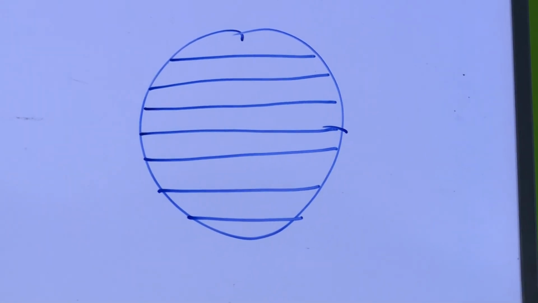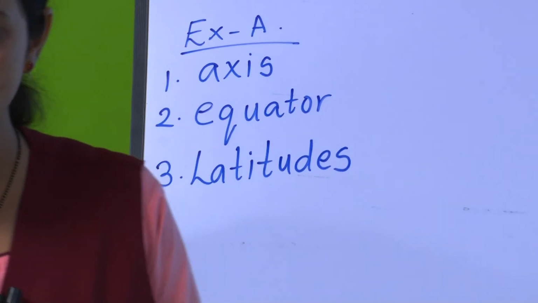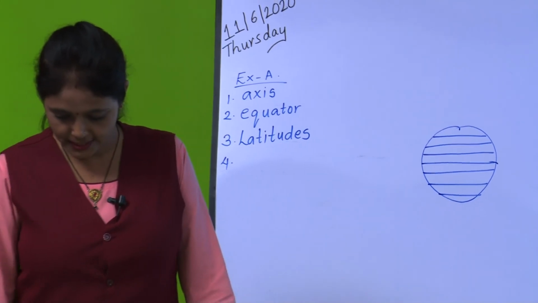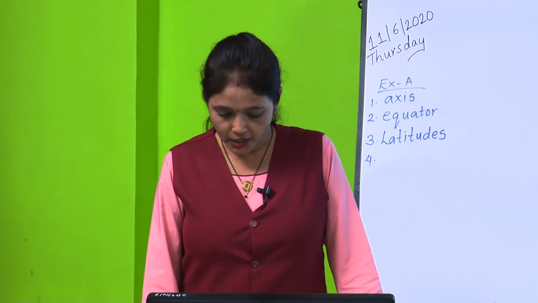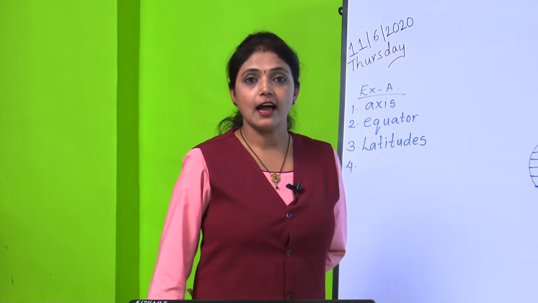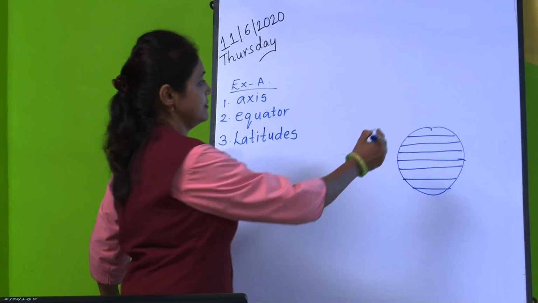So you have to read the lesson, you have to see the videos. We have seen many videos, so now you are firm with your answers and you are good in answering. On a globe, the lines running between two poles are called what? Now this is my globe. Where are the poles?